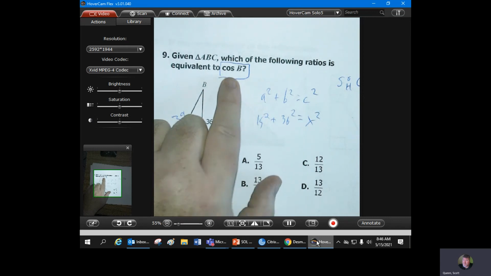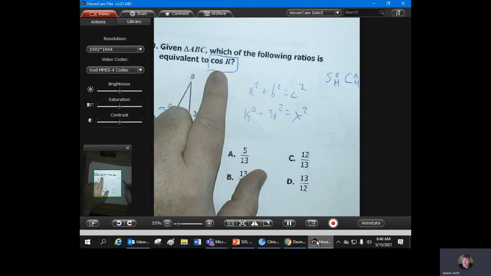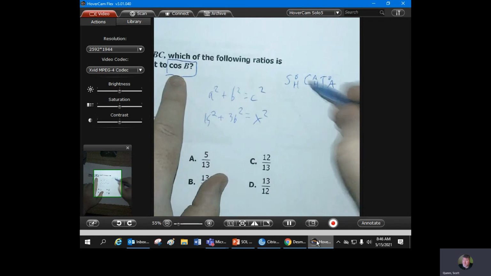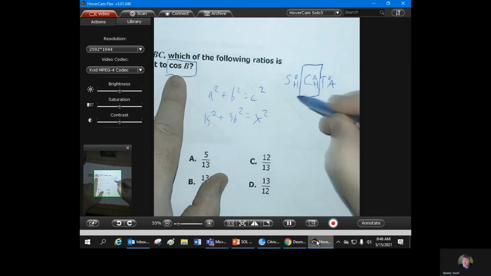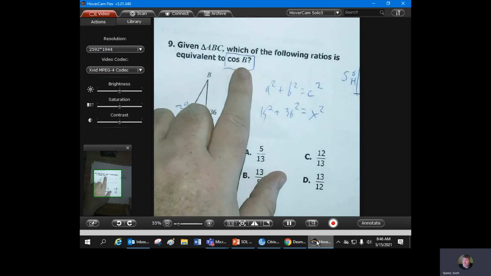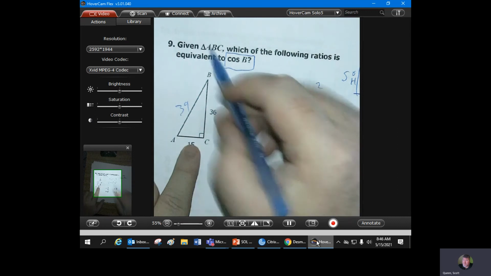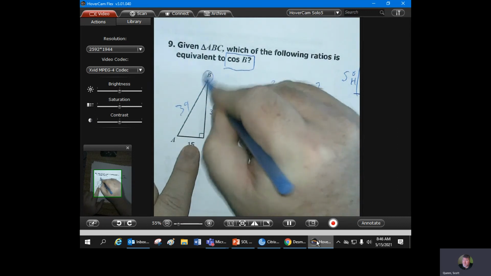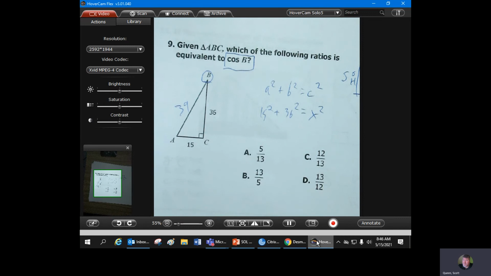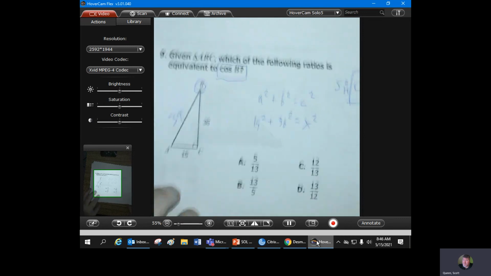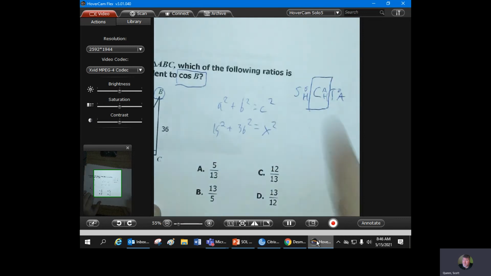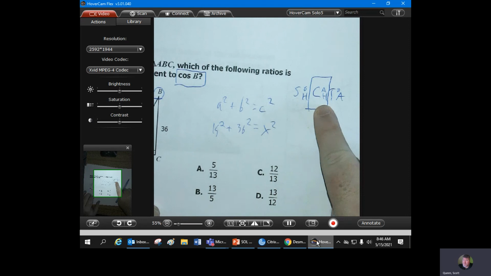So that's 2 parts. Cosine means that's going to be my CAH part, this right here, okay? And cosine of B means the angle. So I'm looking at angle B. B is going to be my given angle. So when I look at cosine of B, that means I'm using my adjacent and my hypotenuse. You know about that, right?